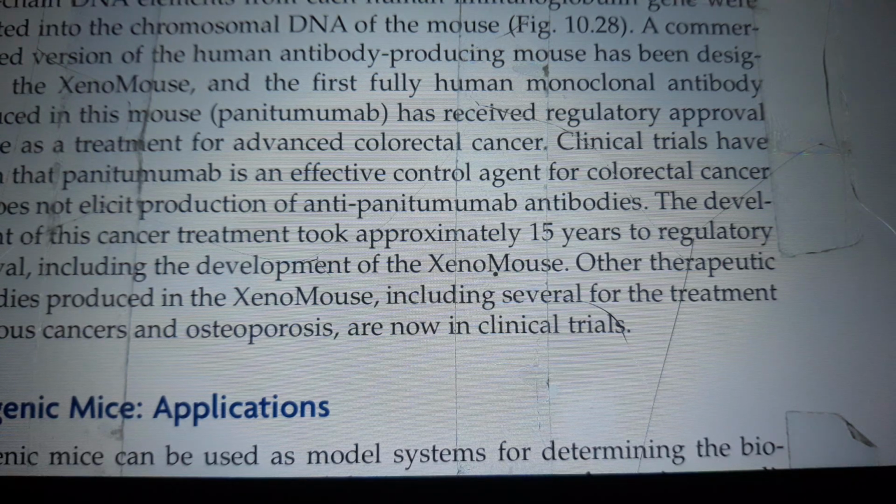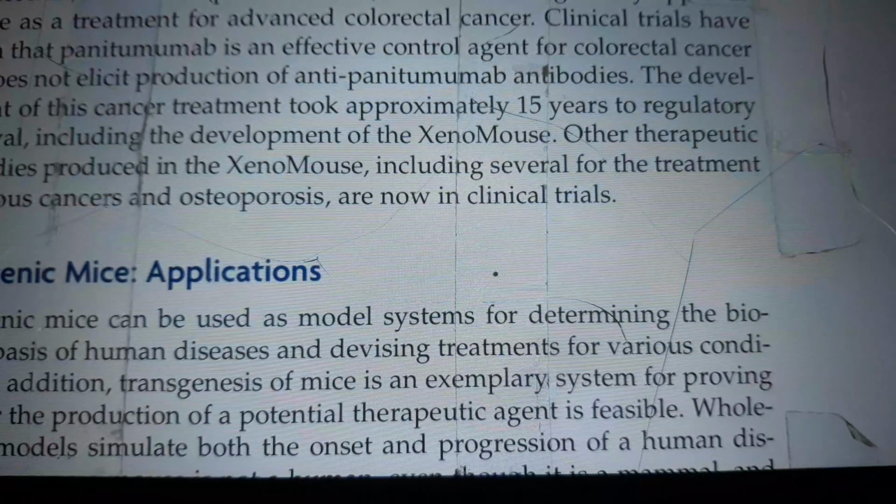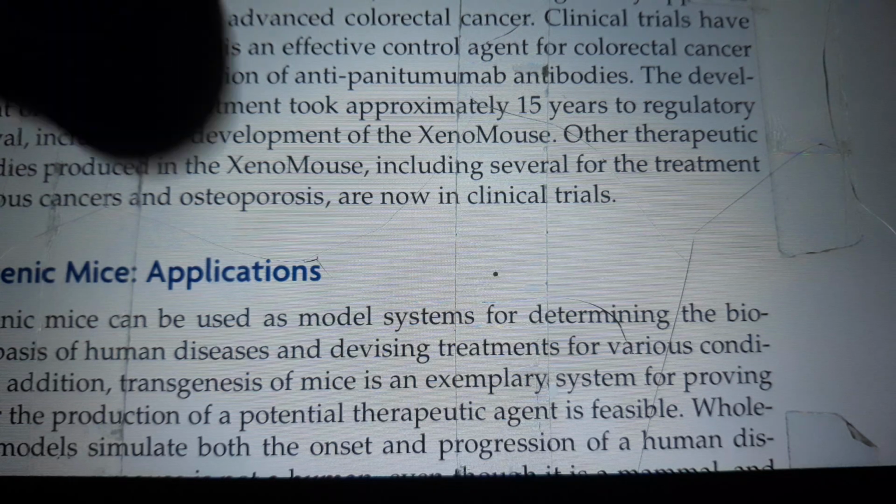Clinical trials have shown that panitumumab is an effective control agent for colorectal cancer and does not elicit production of anti-panitumumab antibodies. The development of this cancer treatment took approximately 15 years to regulatory approval, including the development of the Xeno mouse. Other therapeutic antibodies produced in the Xeno mouse, including several for the treatment of various cancers and osteoporosis, are now in clinical trials.